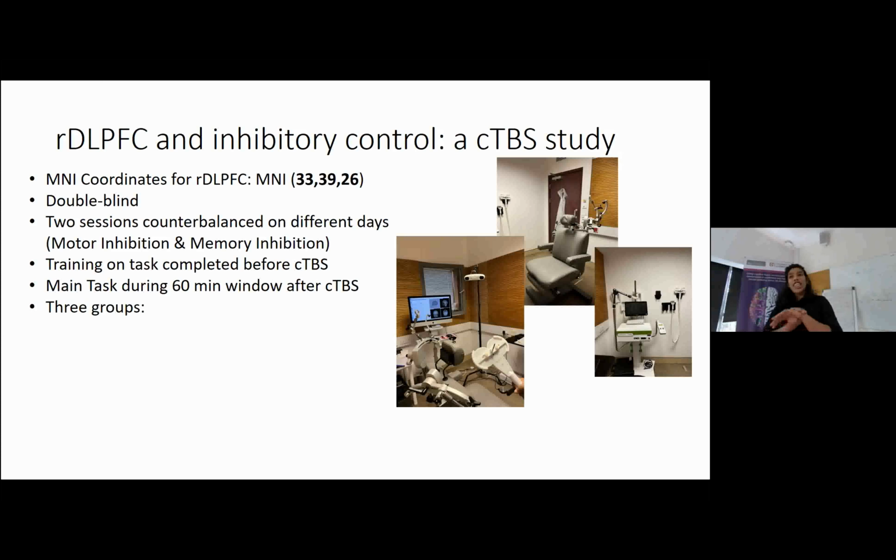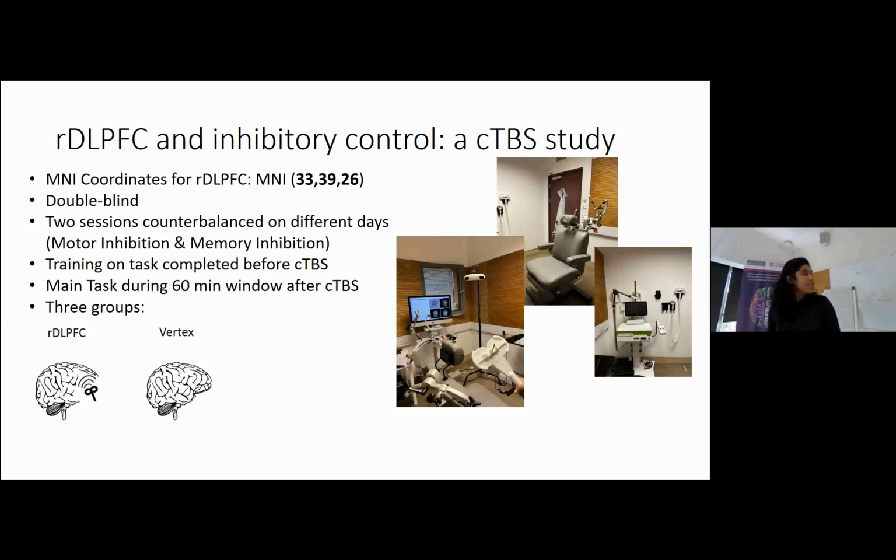Again, we couldn't use a within-subject design because of various task design constraints, so we had to go for a group design. So we had 3 groups. One is the RDLPFC group, which received cTBS in the correct spot using the stimulation coil.